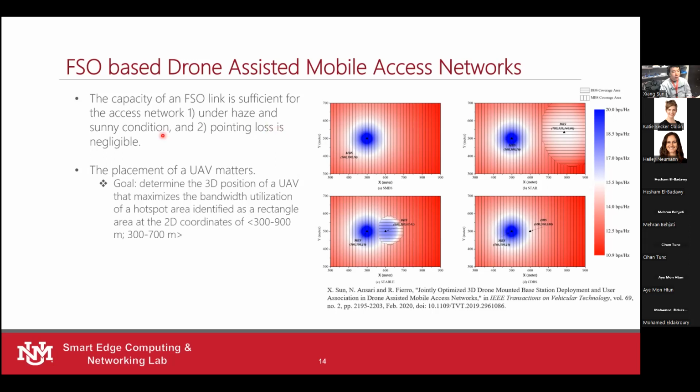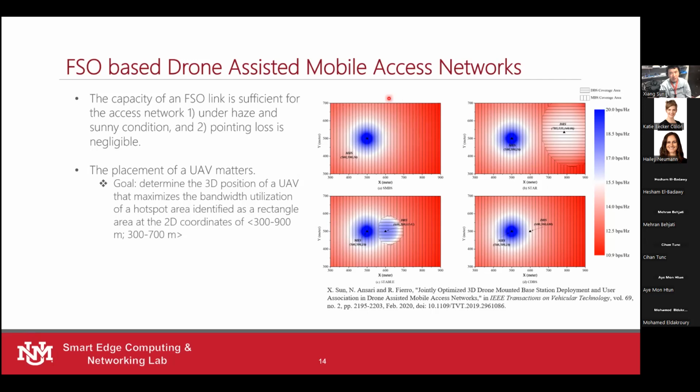We also found that the placement of the drone matters. The placement of the drones may significantly affect the performance in terms of the spectrum efficiency of the users. These four figures show the spectrum efficiency distributions in an area served by a micro base station and the drone.